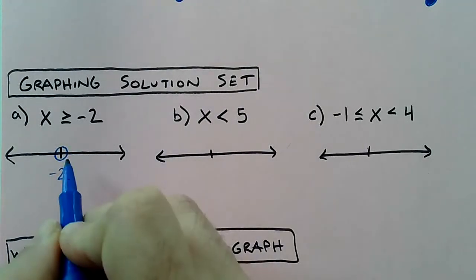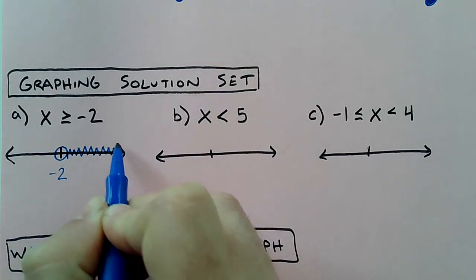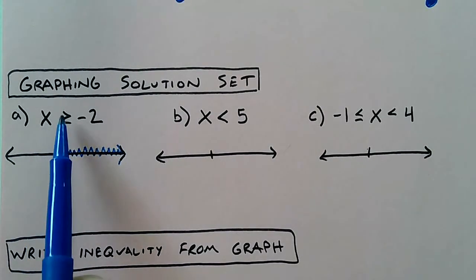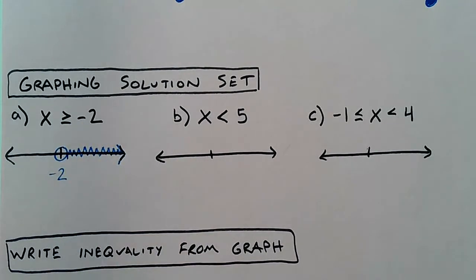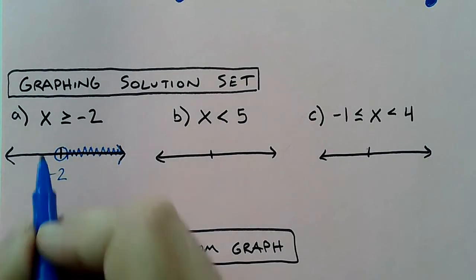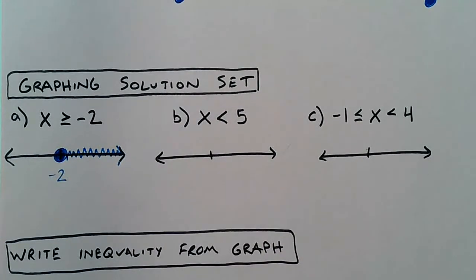So we shade all of those values that satisfy the solution set. Now, it can be -2 because it's also equal to, so that gets a filled-in circle. That is our visual representation of x greater than or equal to -2.